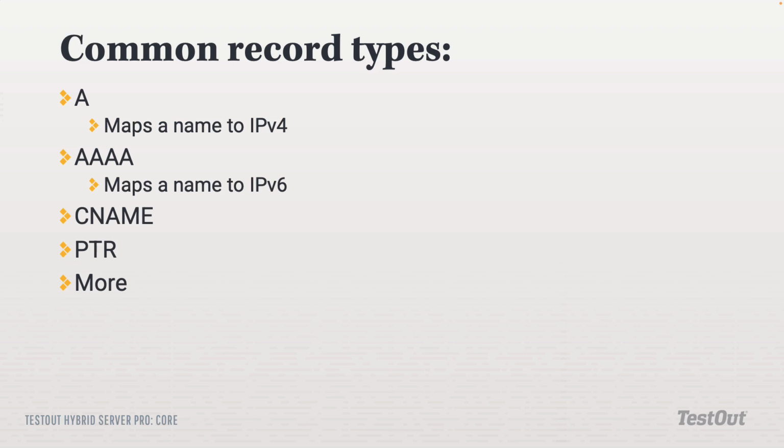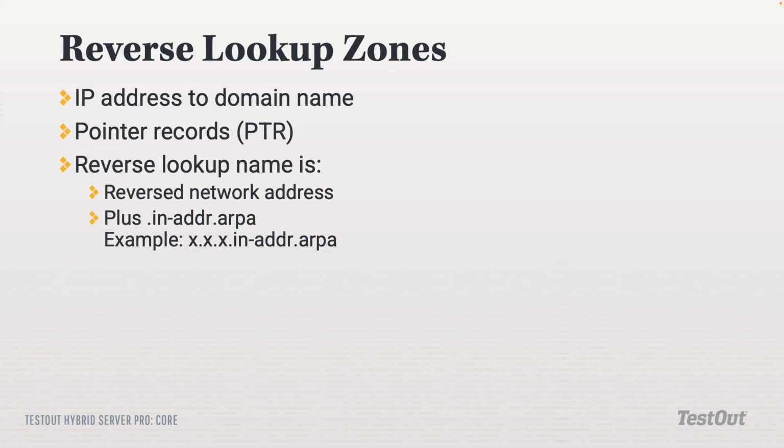CNAMEs are kind of like aliases. If I want Minecraft1, Minecraft, my Minecraft server, all of those to go to that device, I can put in multiple aliases. And then we have our pointer records. These are just going to point certain names to certain paths.